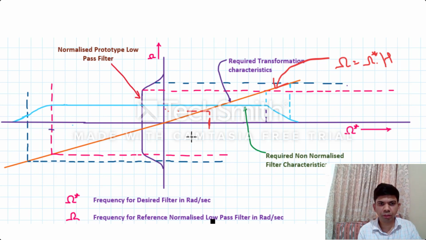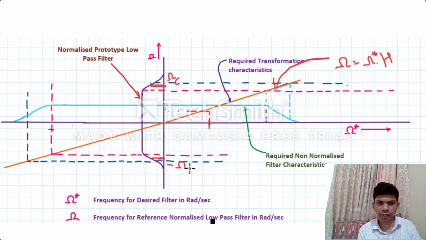So let me take several points here, like somewhere over here I have the cutoff frequency when the gain becomes 0.707. So let me write it as omega c. Similarly, at the negative side I have minus omega c.